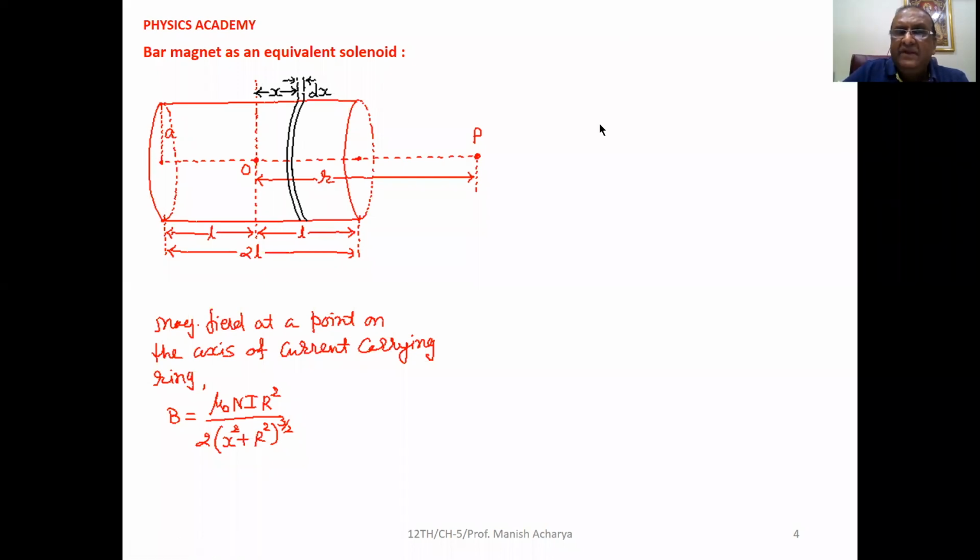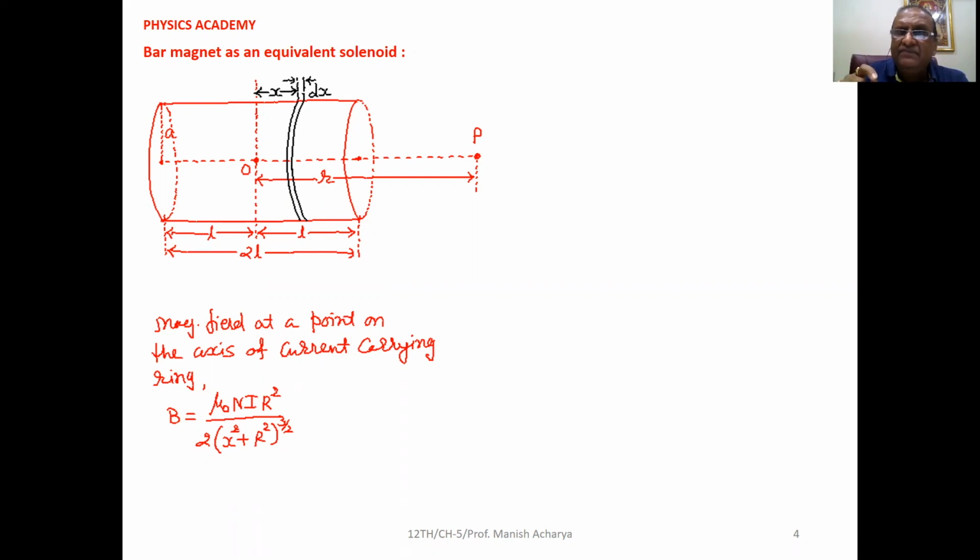If we consider the solenoid is made of so many thin rings from one end to the other end, and for each ring we take the magnetic field at point P, and then take the summation of all those, we will get the resultant magnetic field at point P.